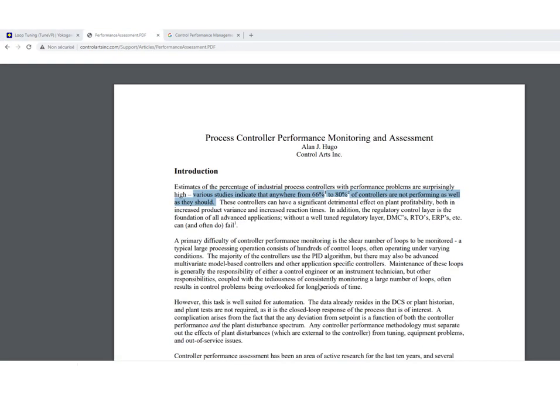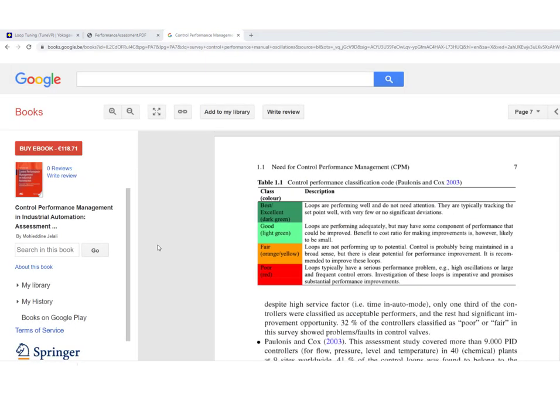Well, here's another publication that shows that various studies indicate that anywhere from 66 to 80% of controllers are not performing as well as they should. For those of you interested in control performance management, this is a nice reference, Control Performance Management in Industrial Automation by Jalali.